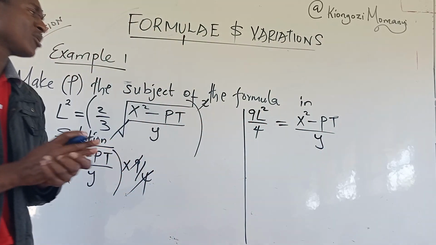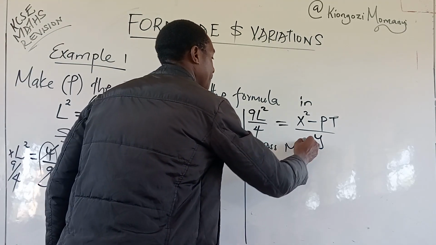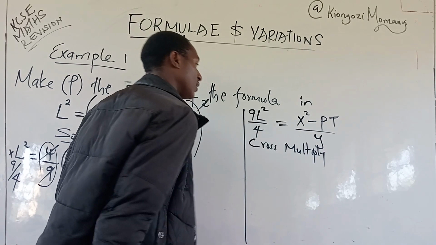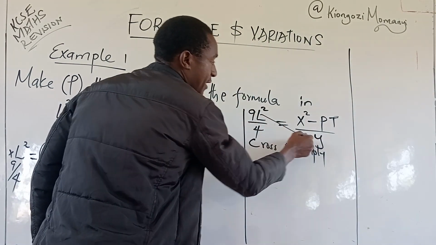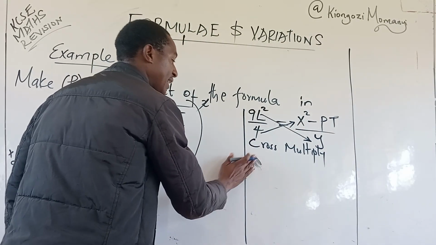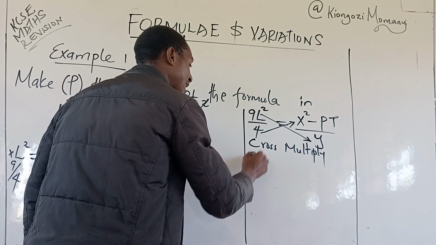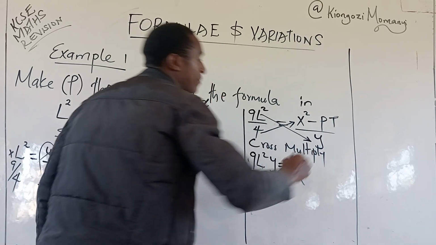The next thing is cross multiplication. We cross multiply. In this case, we shall multiply this one with that and this one with that. So we have y, we can say 9L squared y is equal to 4, open the brackets.